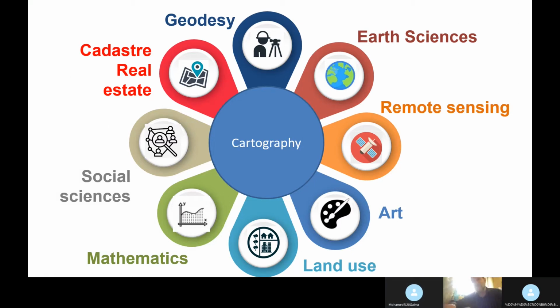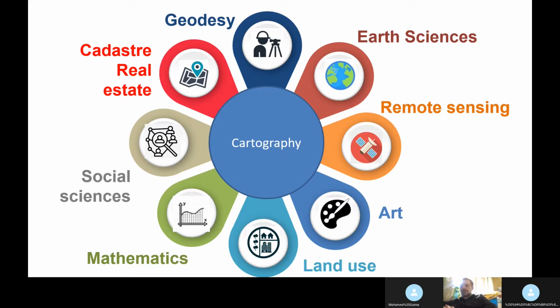Well, it's my own translation of our traditional view on cartography that lies on the intersection of different science and technology fields. Well, let's move on and try to understand all these peculiarities of cartography.